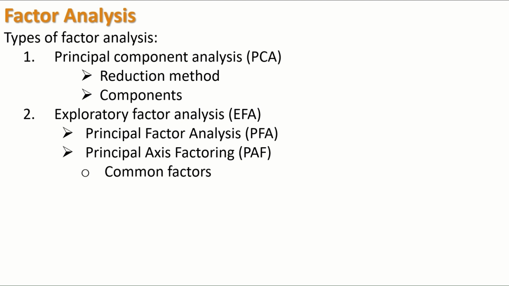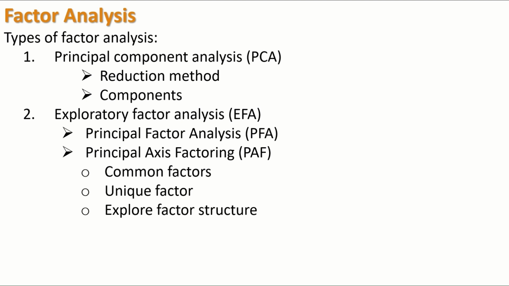The aim of performing that factor analysis is to explore the data, the items or the questions, and try to find if there is an underlying structure for these items by finding if there is a correlation, and then group them into factors. So the objective of the EFA is exploratory, to identify common factors and unique factors.